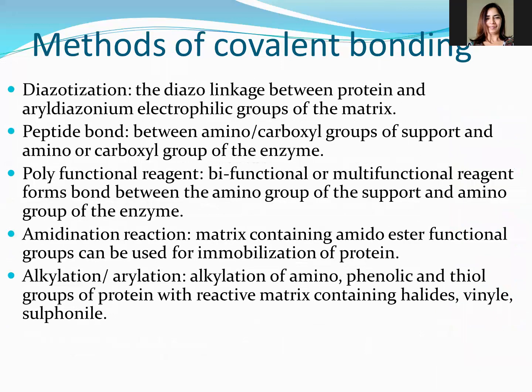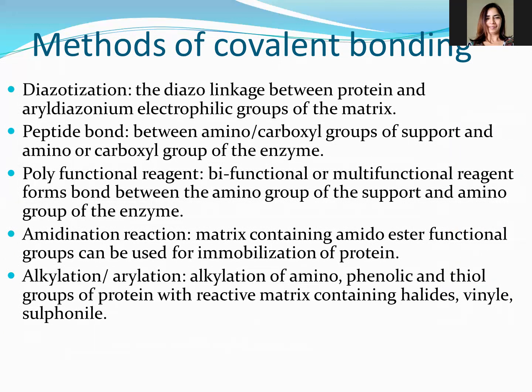The most commonly used methods in covalent bonding are diazotization, formation of peptide bond, and polyfunctional group reagents, using bifunctional or multifunctional reagents, which form bonding between the amino group of the support and the amino group of the enzyme.